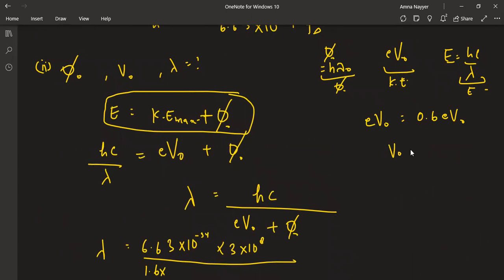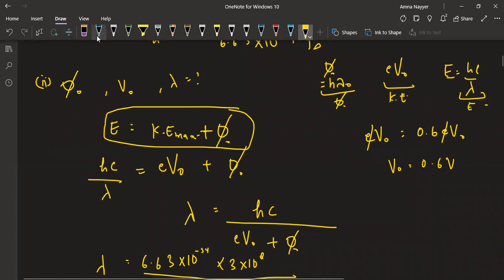From this, the e will get cancelled, and stopping potential will be 0.6. But if it is directly given to us as 0.6 electron volt, here we'll just put it as 0.6 electron volt only.